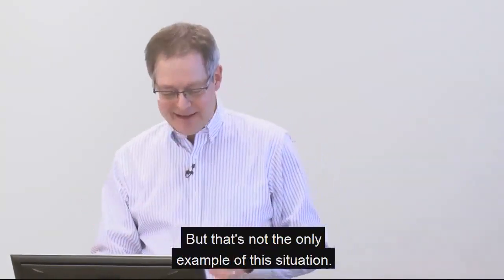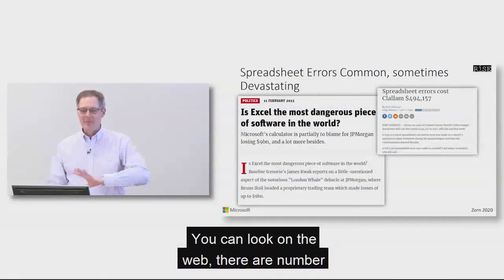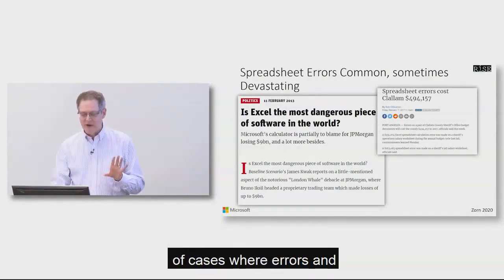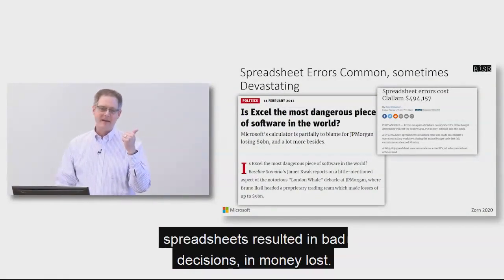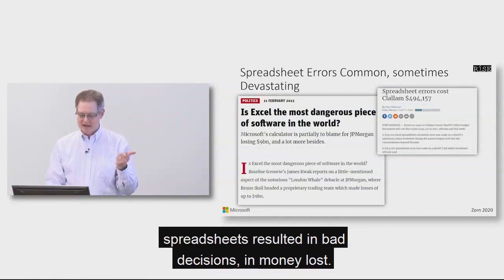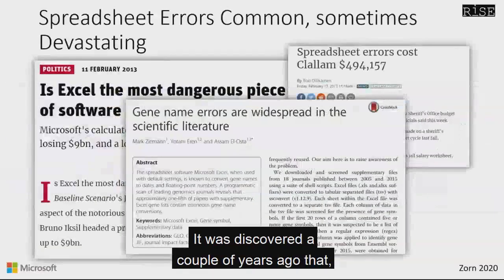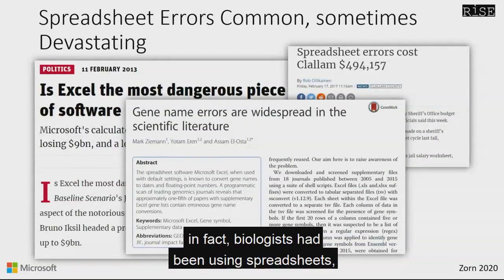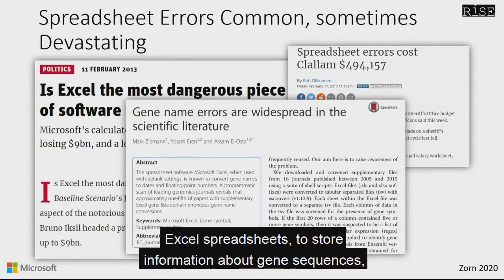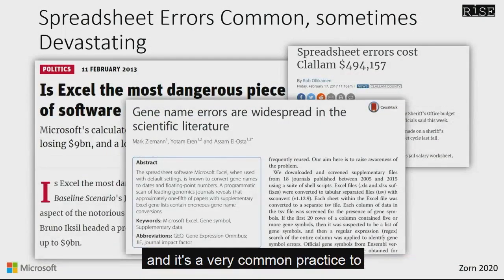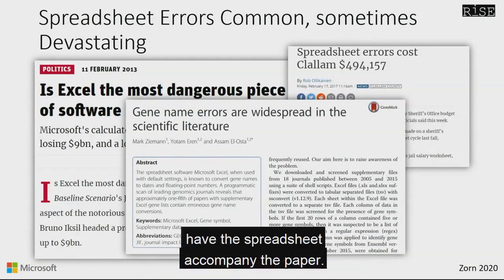But that's not the only example of this situation. You can look on the web, there are a number of cases where errors in spreadsheets resulted in bad decisions and money lost. In particular, here's one that hits home. It was discovered a couple years ago that biologists have been using Excel spreadsheets to store information about gene sequences. And it's a very common practice to have the spreadsheet accompany the paper.